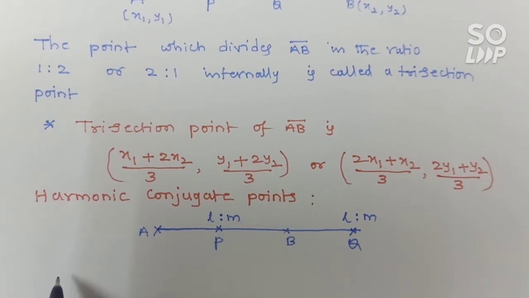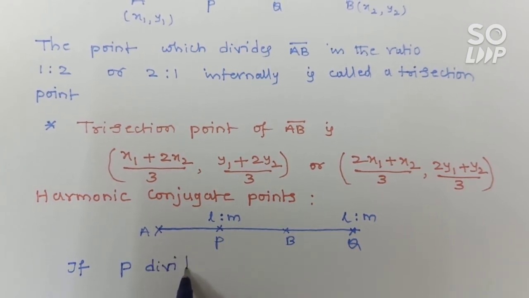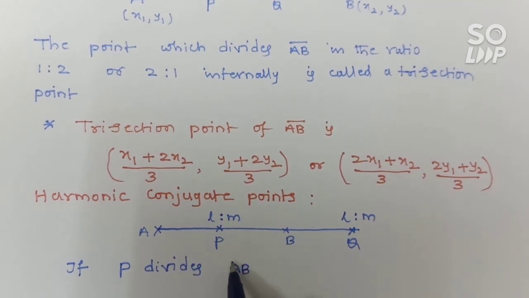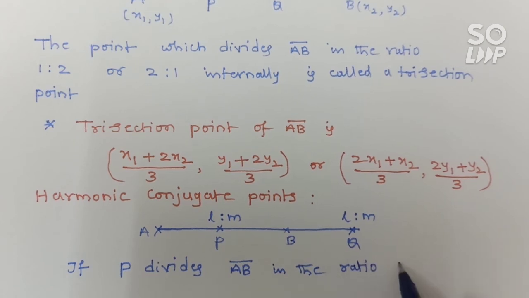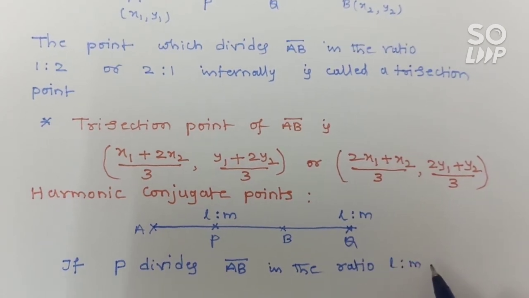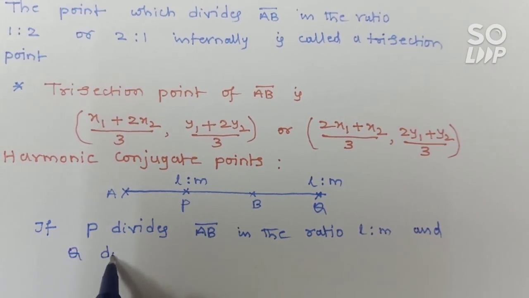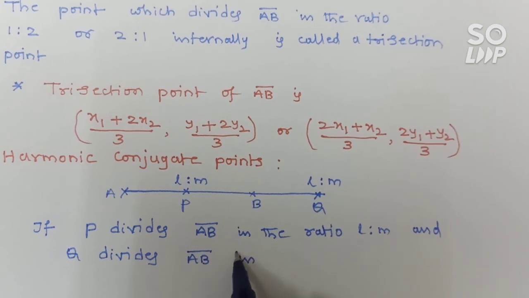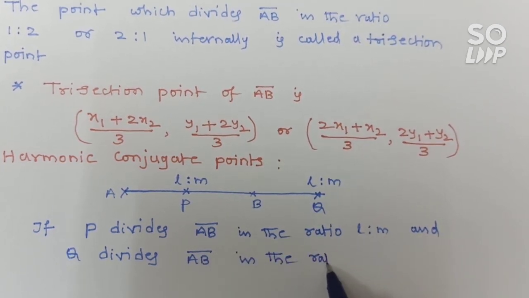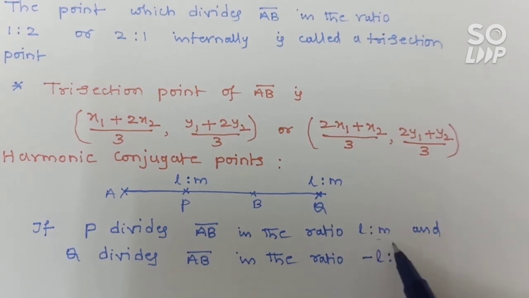So what is the definition? If P divides AB in the ratio L is to M, and Q divides AB in the ratio minus L is to M. What is the difference between the above line and the second one?